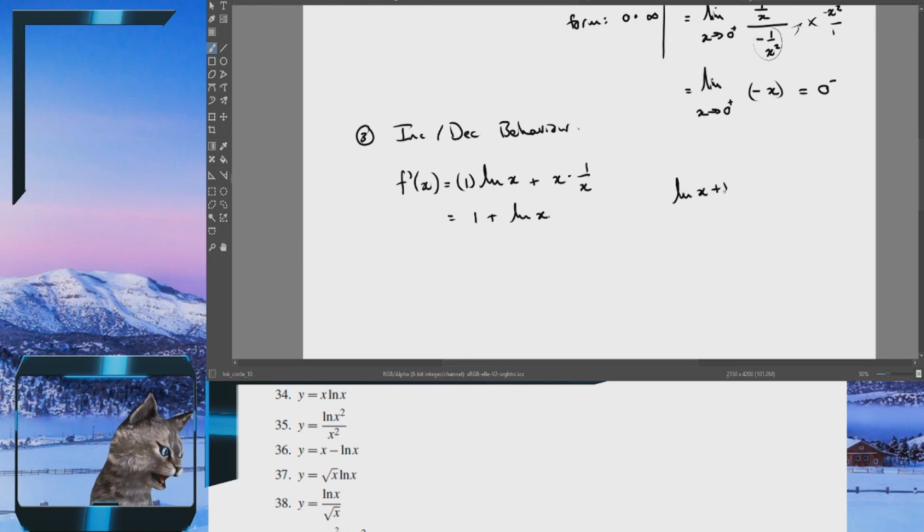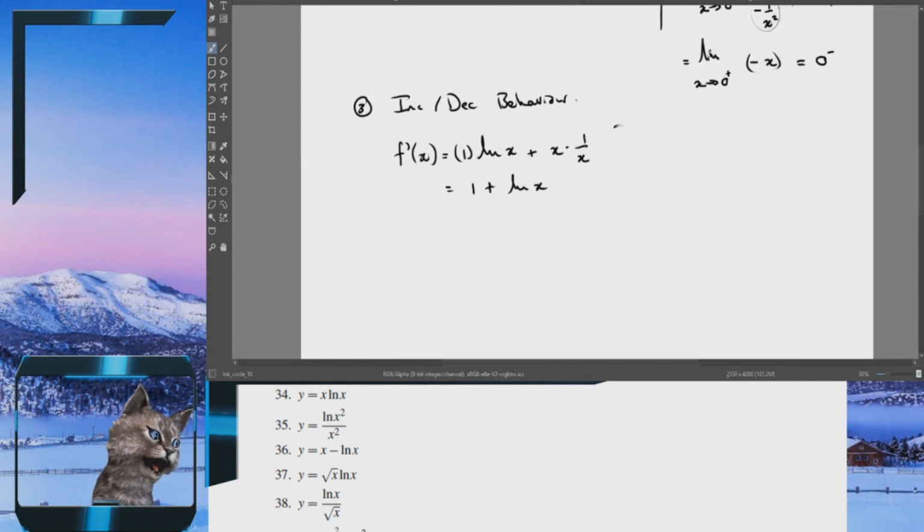If I write log of x plus 1, I get confused. Is it this? Is it this? What's inside the log? So to avoid confusion, I just reorder them, and I never read this incorrectly. So there's my derivative. Super easy. Now I still check backwards, like this.